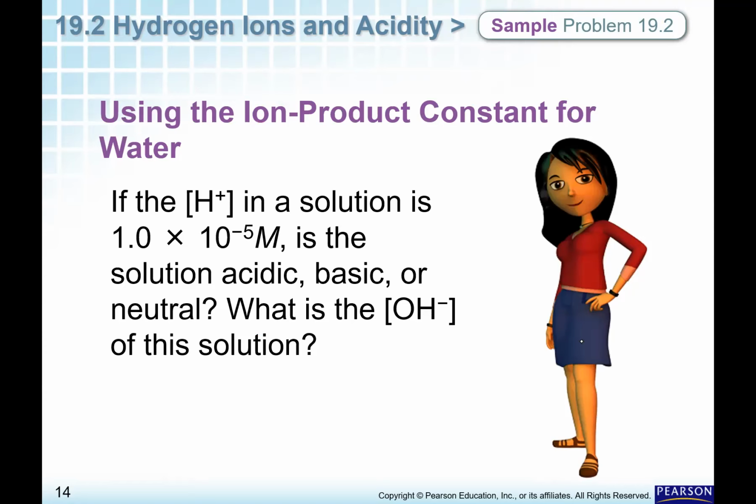If the H+ in an aqueous solution is 10 to the minus 5, is it greater or less than 10 to the minus 7? That's a question. It is less.